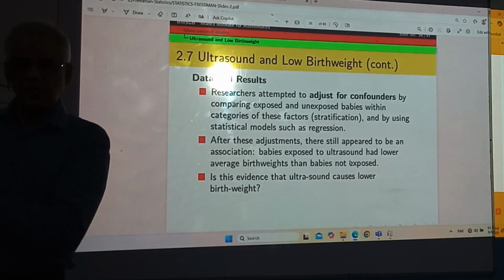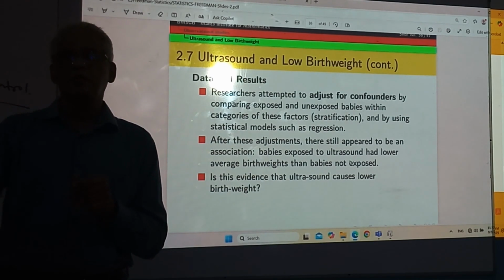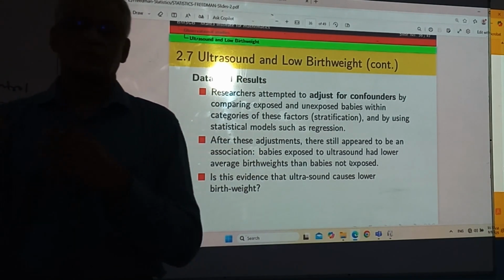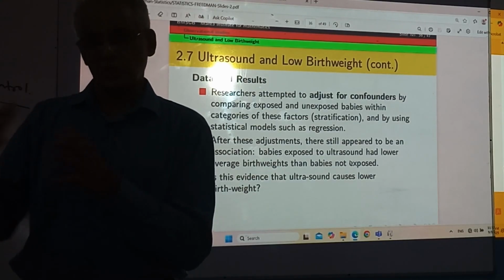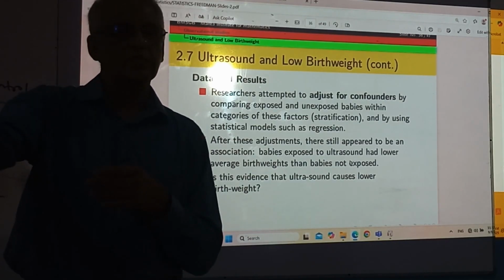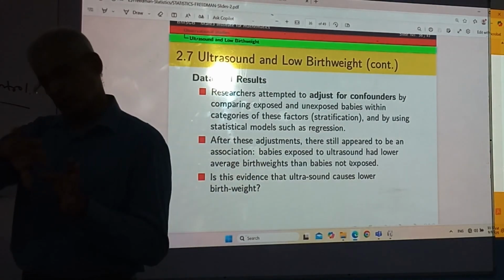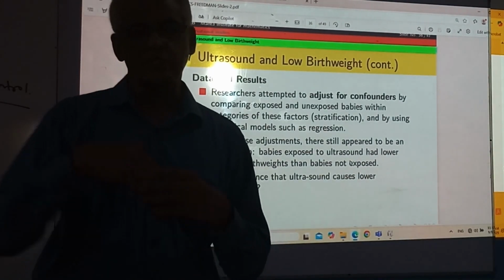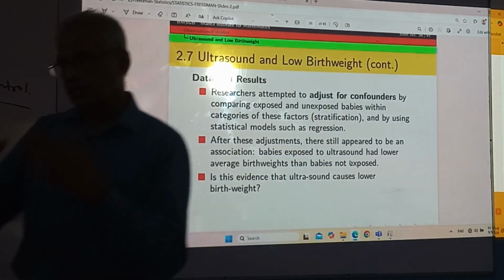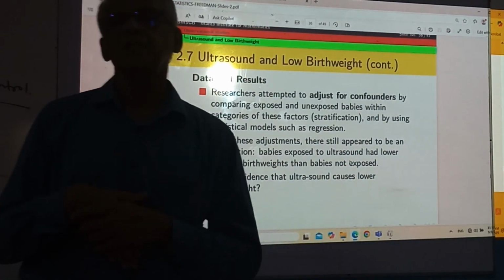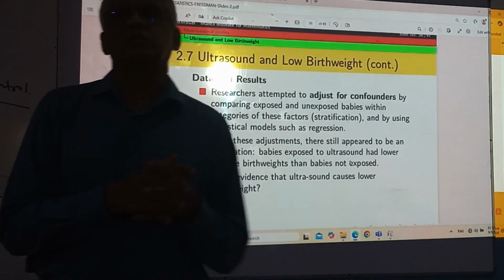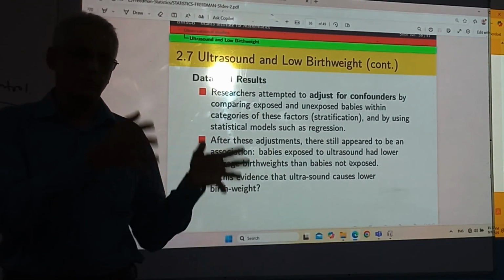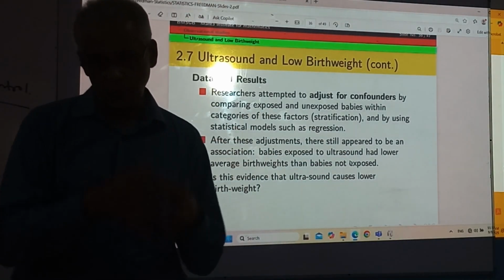In the regression analysis, they considered whether exposure to ultrasound was a doctor's recommendation or not. That factor was included in the model, and thereby in the regression you can adjust for that. But even after adjustment, they still showed that the average birth weight of those who were exposed to ultrasound was smaller still.